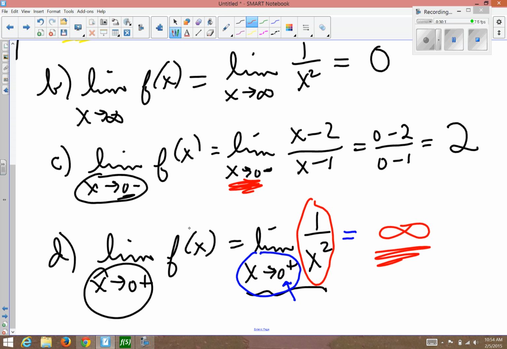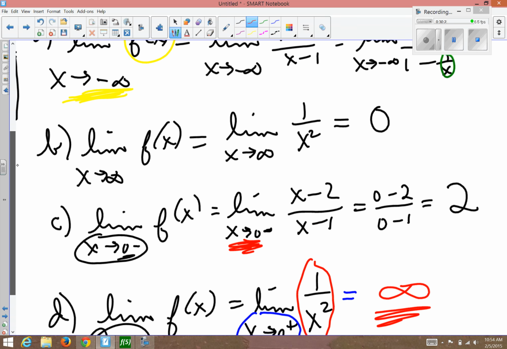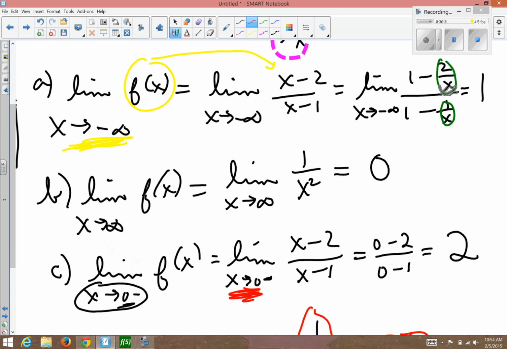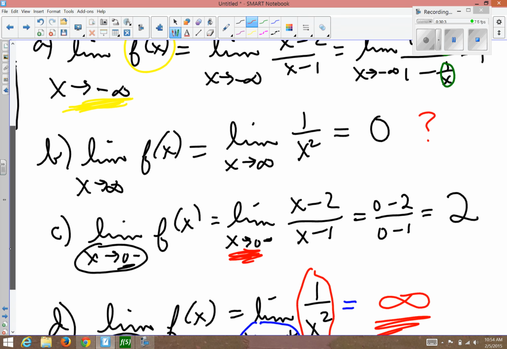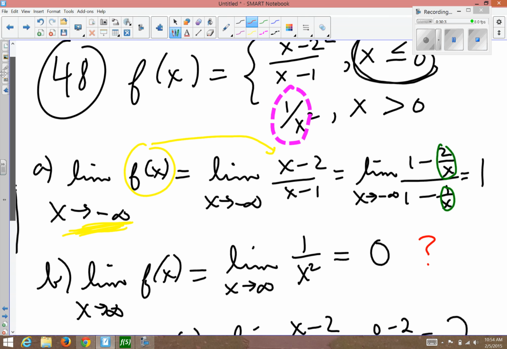So we needed a calculator for part D. No calculator needed for part C. I don't know, do you need a calculator for part D? Maybe. I'd say you really don't need one for part D if you can think about the numbers. And definitely no calculator needed for part A.